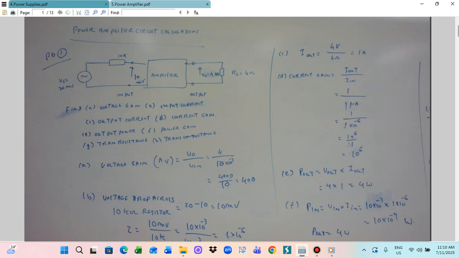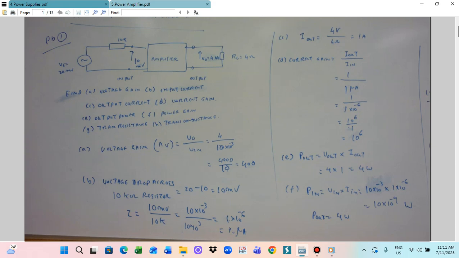So the voltage drop across the 10 kilo ohm resistor is 20 minus 10 millivolt. So we find the voltage drop across the 10 kilo ohm resistor, which is 10 millivolt.